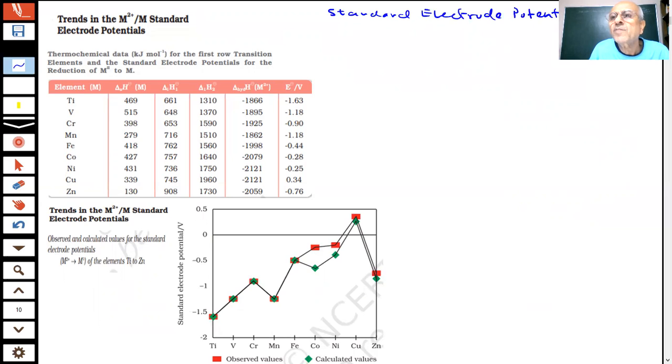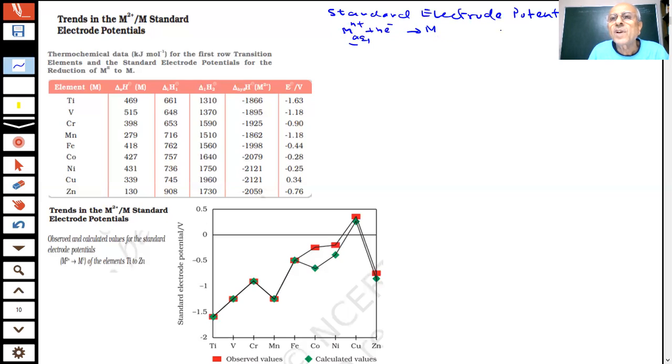You have seen the values of standard electrode potential in the electrochemistry chapter. What we have shown, Mn plus, M. These are called reduction potentials. If I take Mn plus ne, this you call a reduction potential, in aqueous solution.